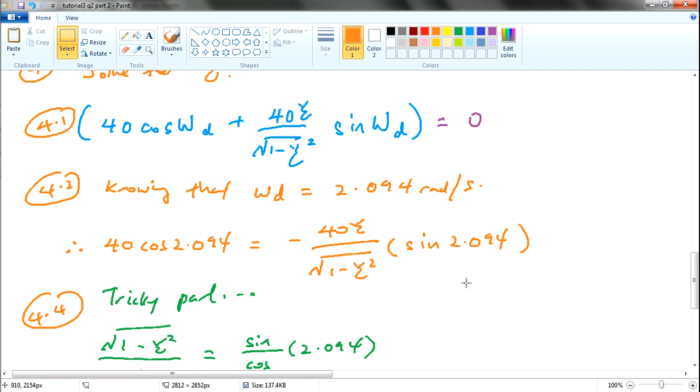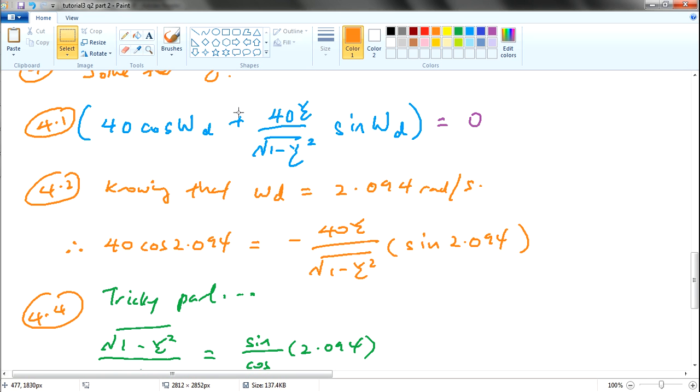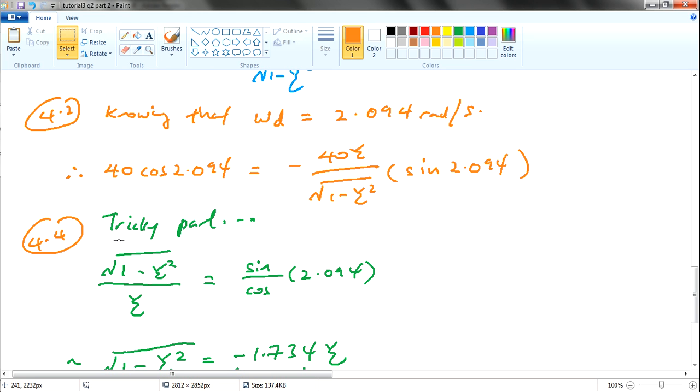Okay, so it's 2.094. Previously I was bringing this one over here, so it's negative. 40 equals to negative, this one brought over. Now the tricky part comes in. This one goes up here, multiplied, and this cosine comes down.